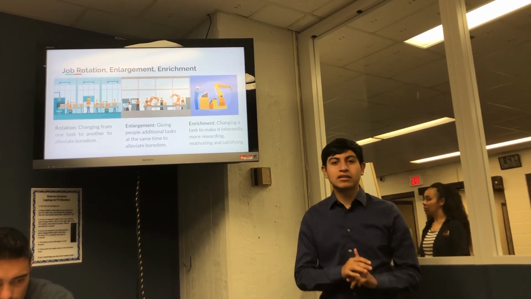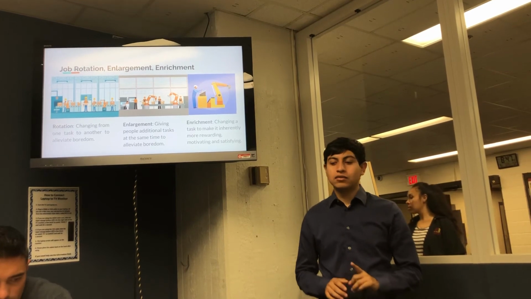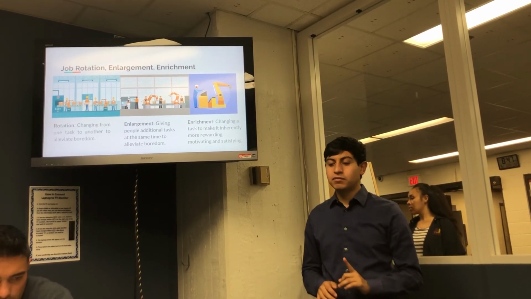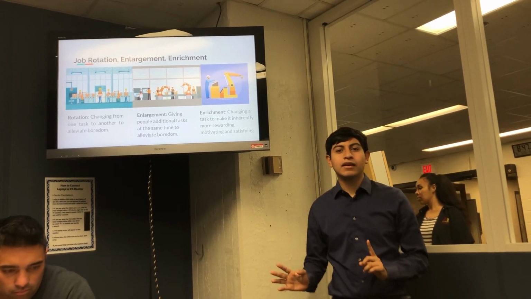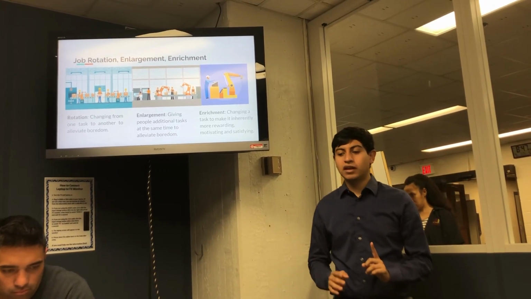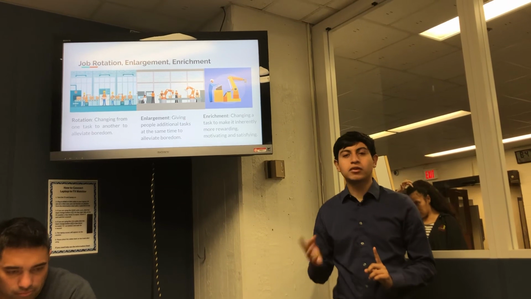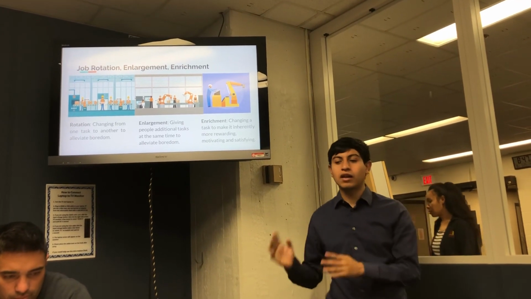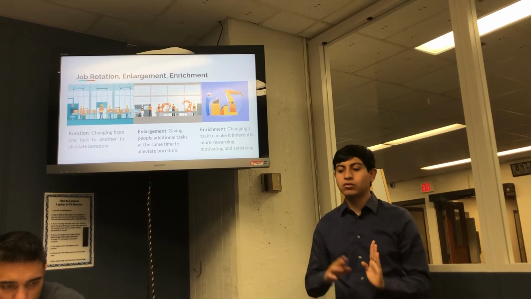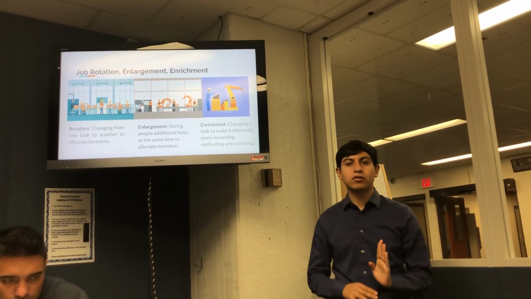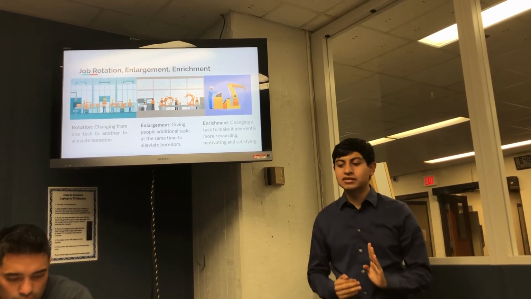Option number one is rotation: you change people from one task to another to alleviate boredom. This helps people feel more motivated, but it also helps you train people to do different tasks, so you have better skilled employees.